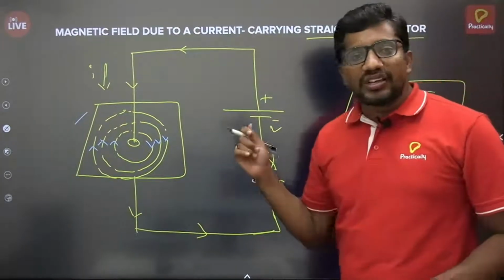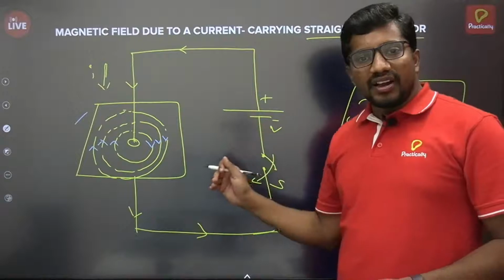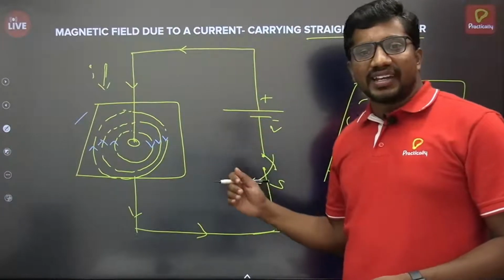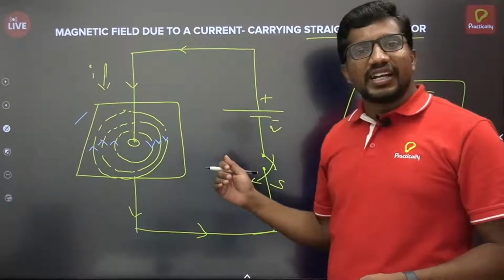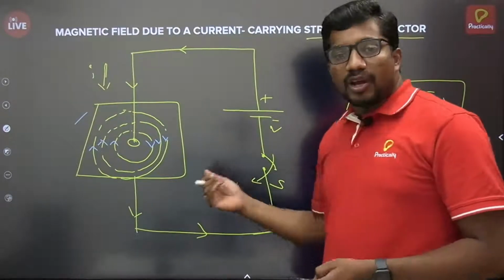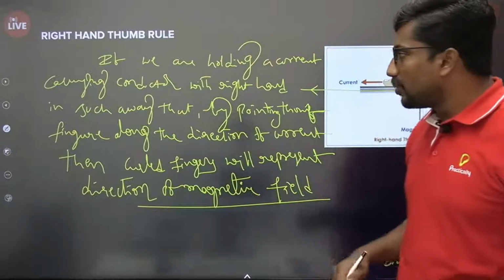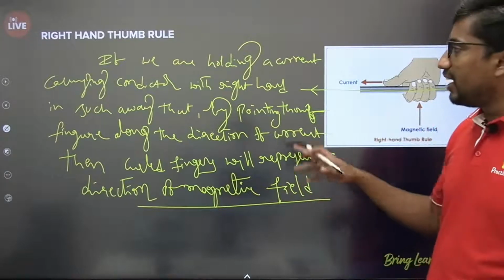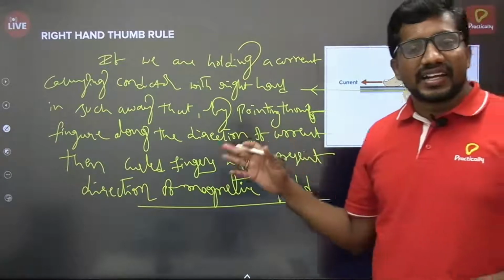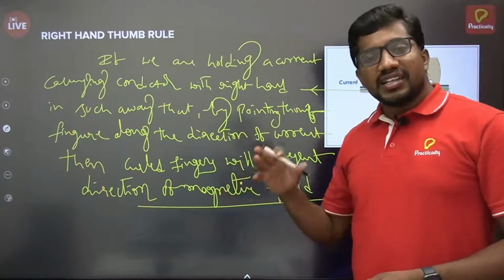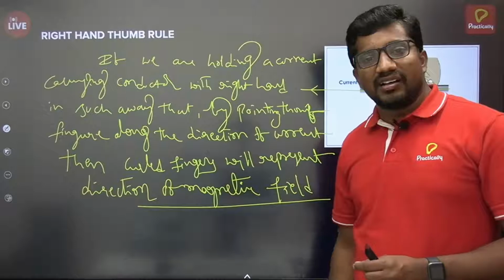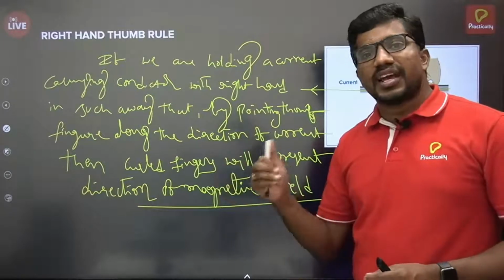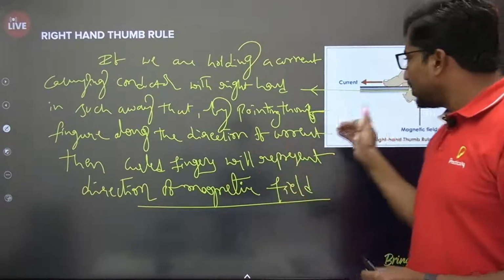The conclusion is that the magnetic field of a straight current carrying conductor will be in the form of concentric circles, and its direction is obtained with the help of the right hand thumb rule. The rule says that if you are holding a current carrying conductor with your right hand in such a way that the thumb points along the direction of the current, then the curled fingers will represent the direction of the magnetic field.